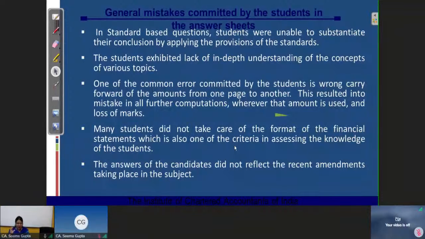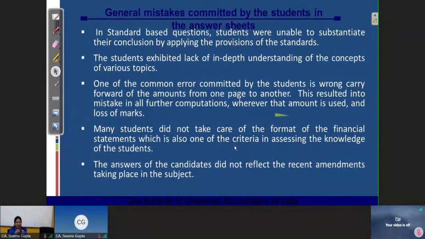And one more thing is wrong carry forward of amounts from one page to another. This results in mistakes in all further computations wherever that amount is used, and again there is loss of marks. Many students do not take care of the format prescribed. Both old course and new course students, listen to it very carefully, because these are the common things which students do in the examination.